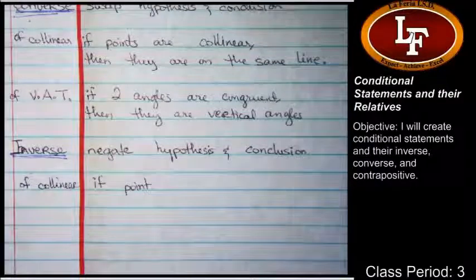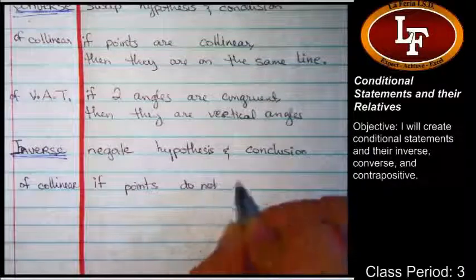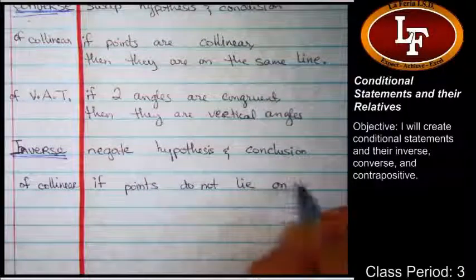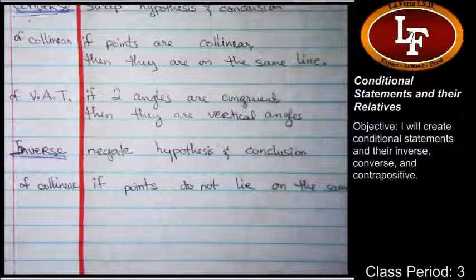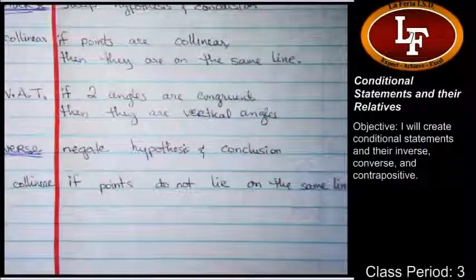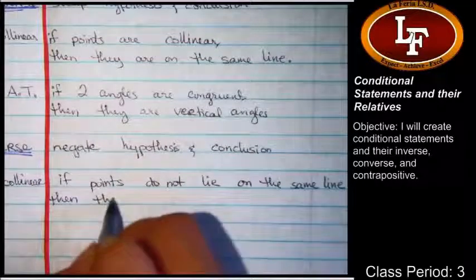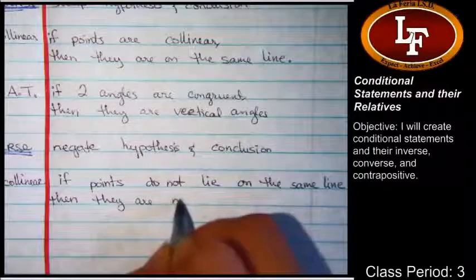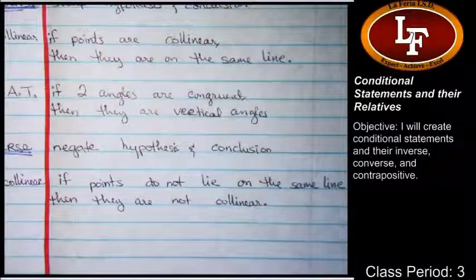If points do not lie on the same line, then they are not collinear.